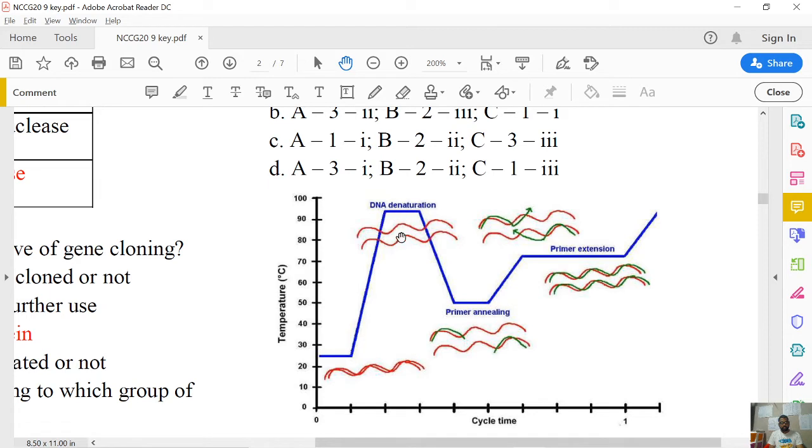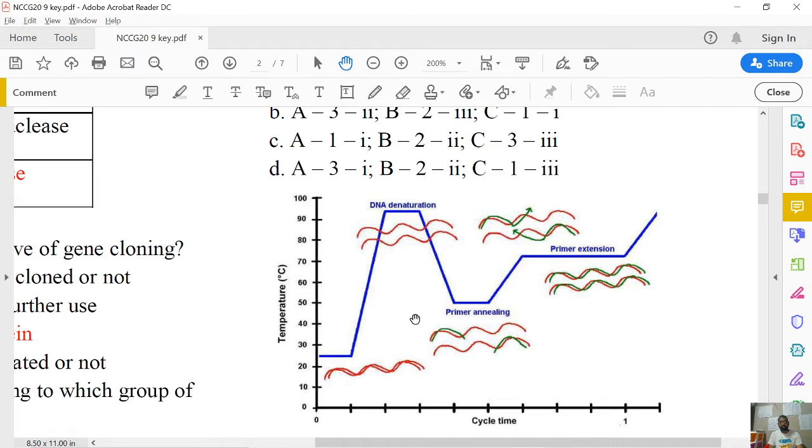So in the denaturation process, the two strands are separated and the temperature is decreased. Now there will be annealing of the primer, the green one here. Then the temperature is again increased to the optimum temperature of the Taq DNA polymerase, where there will be a polymerization process. And again this process will be repeated.